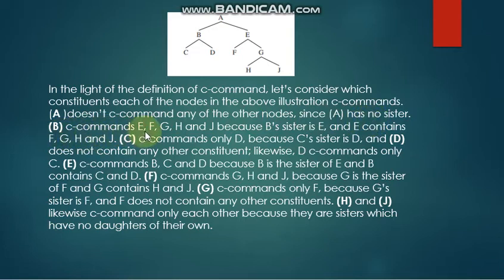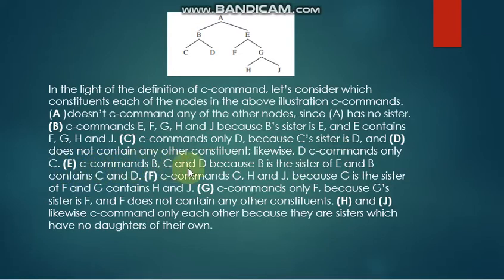B C-commands E, F, G, H, and J because B's sister is E, and E contains F, G, H, and J. C C-commands only D because C's sister is D, and D does not contain any other constituent.